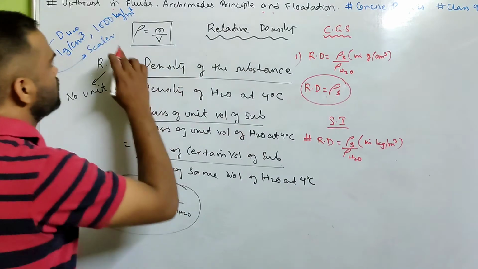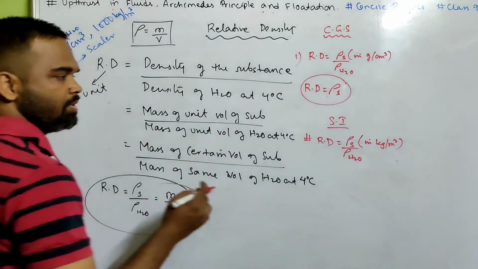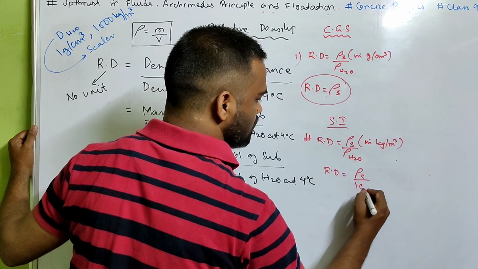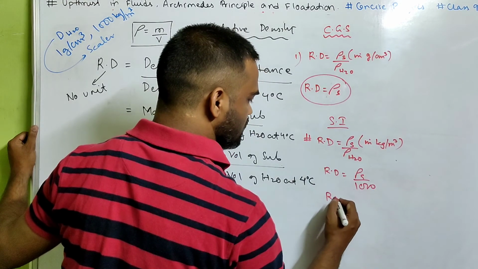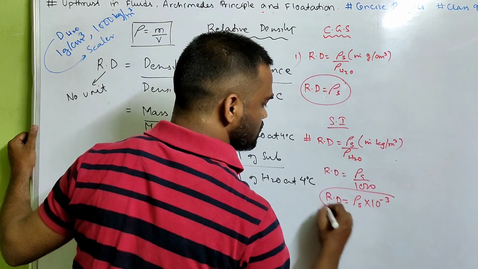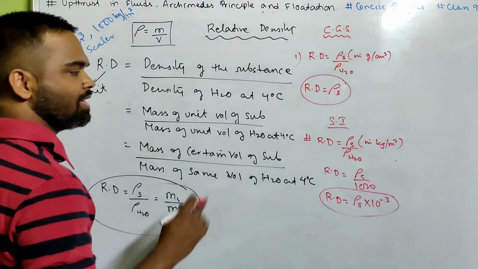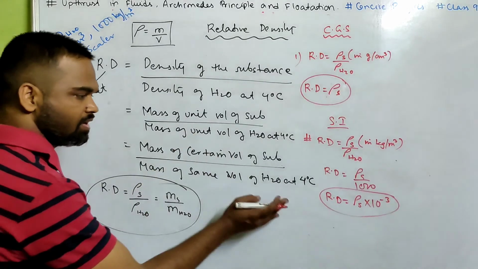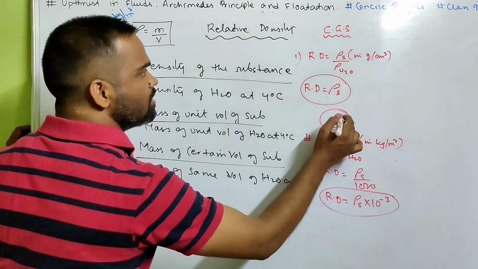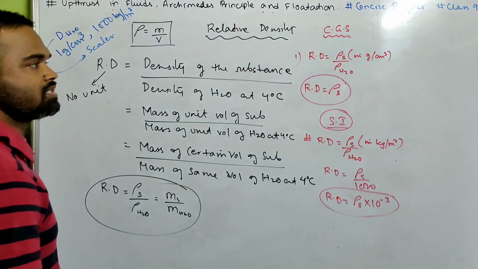Now rho of water is 1000 kg per meter cube. So relative density equals rho S by 1000. So relative density equals rho S multiplied by 10 to the minus 3. Am I clear? That's the relationship between relative density and density of the substance in SI unit, and the earlier one is in CGS unit.